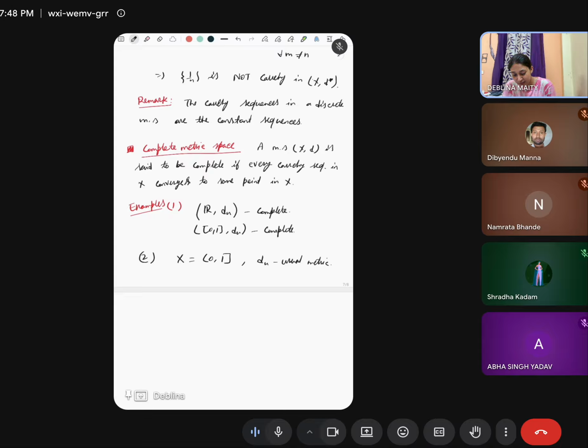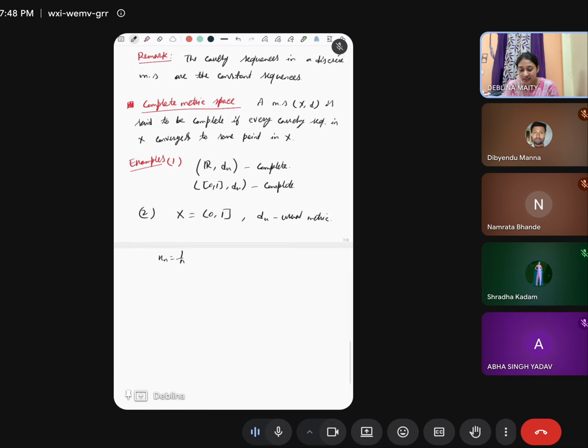Because this sequence 1/n is Cauchy, because it is converging to 0, and convergent always means Cauchy.